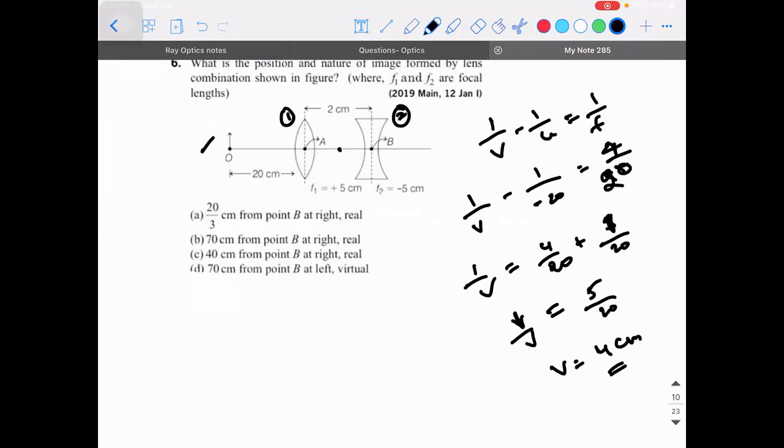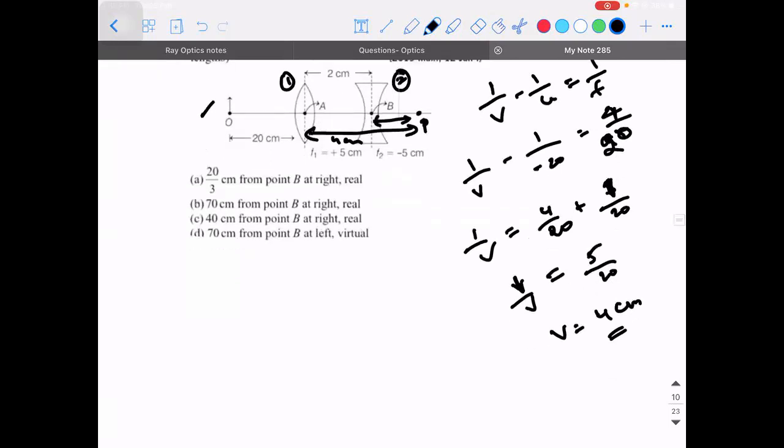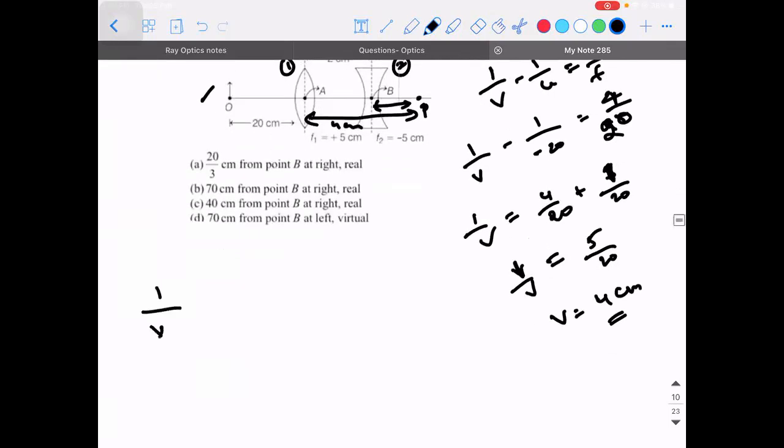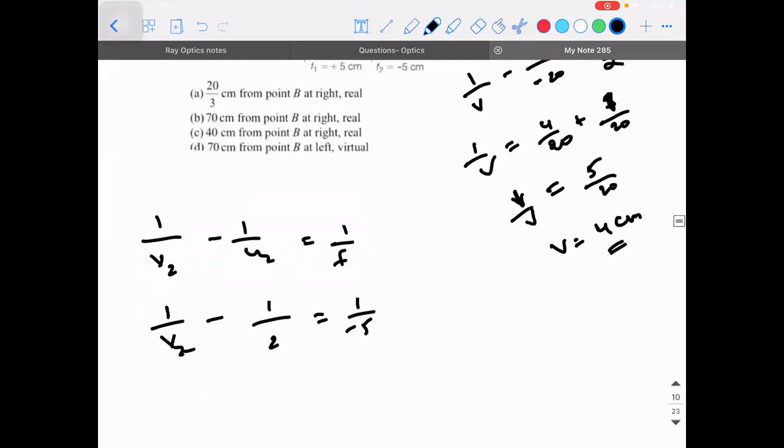So v is 4 centimeter. The distance between them itself is 2 centimeter. So at 4 centimeter, the image is formed somewhere over here. This distance is 4. So this point P will act as the object. 1 by v2 minus, what is 1 by u2? 1 by u2 is 2, equal to 1 by f2, which is minus 5.